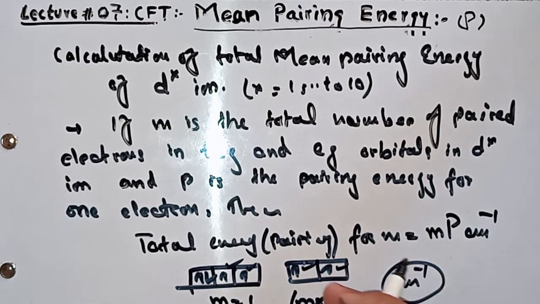The energy required to pair electrons against electron repulsion is called the mean pairing energy. The product of this energy and the number of paired electrons is the total energy for the system. It will be mP cm^-1.